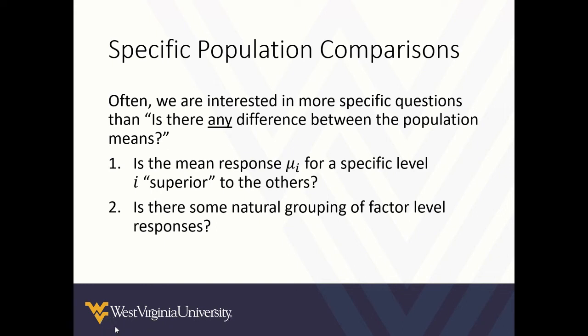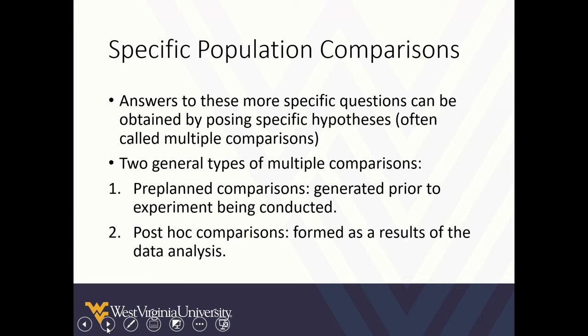Or more formally, we are often interested in more specific questions. Rather than asking whether there is any difference between the population means, we're more interested in whether the mean response for some specific level is superior to the others, or whether there is some sort of natural grouping of factor level responses. And you'll see in these examples, some of them have some pretty obvious natural grouping that we use.